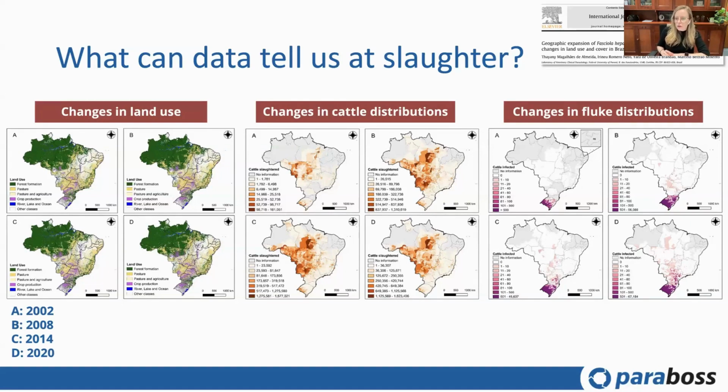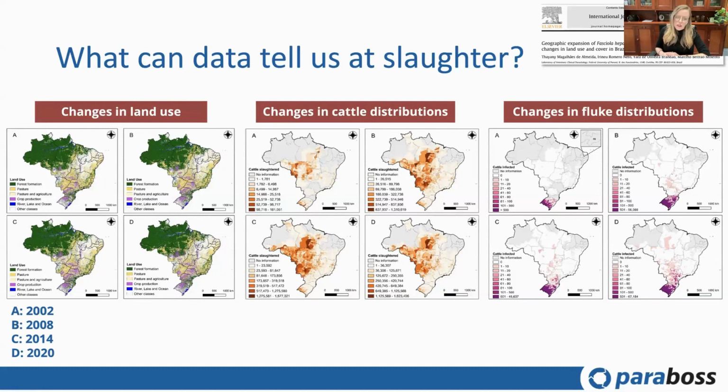And then that has caused an associated change in liver fluke distribution. Previously, in 2002, when this data started being collected, Fasciola was pretty much nowhere to be found outside of the south of Brazil. Now you can see that it has not only moved up through central Brazil, but also up into the northern regions where the Amazon is located.